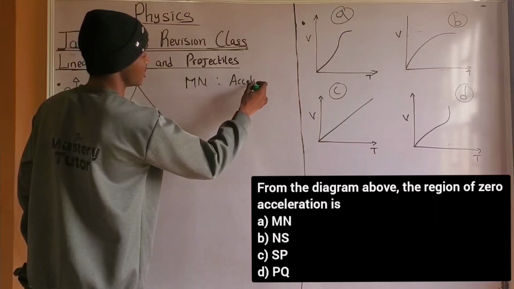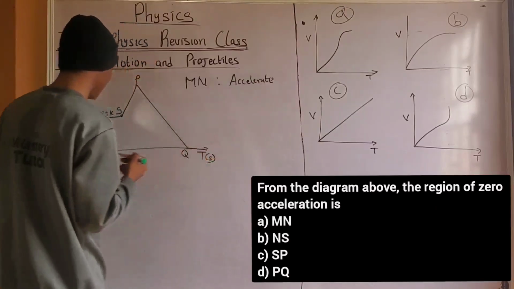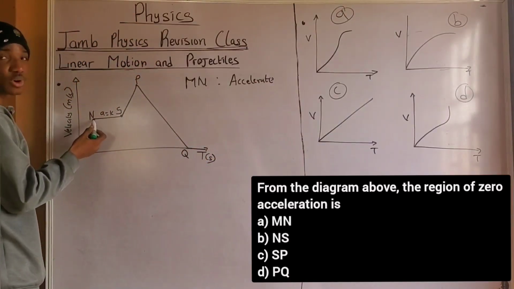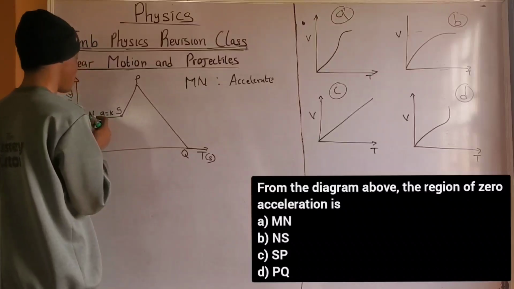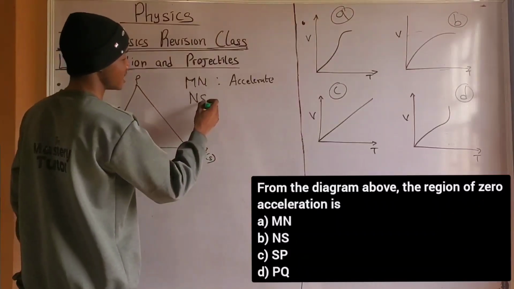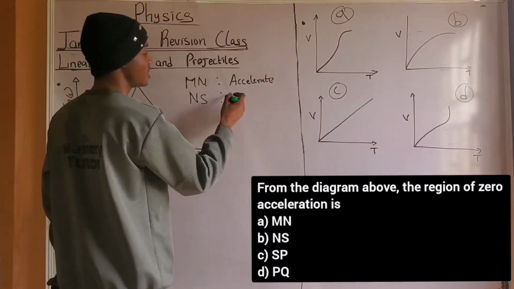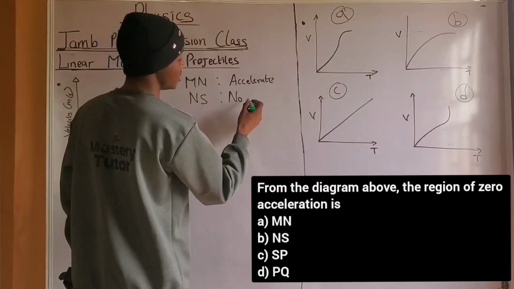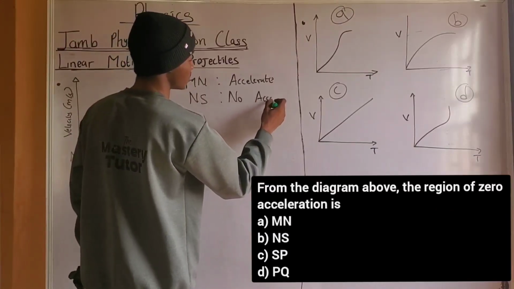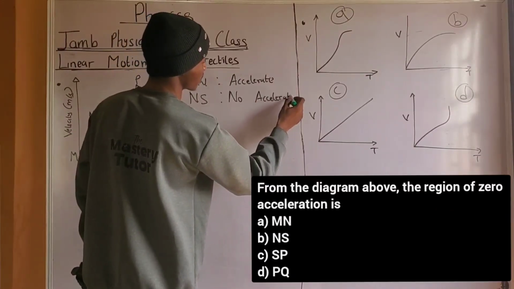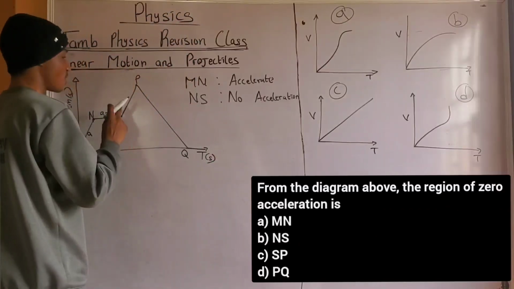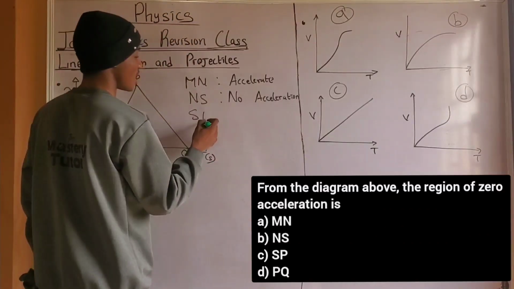From this point to this point, which is SP, MN, the body accelerates. Are you getting it? Because you can see that the velocity changes from 0 to, are you getting it? So from NS, the velocity does not change at all. So the body did not accelerate. The body does not accelerate, no acceleration. And then from SP, the body also accelerates.